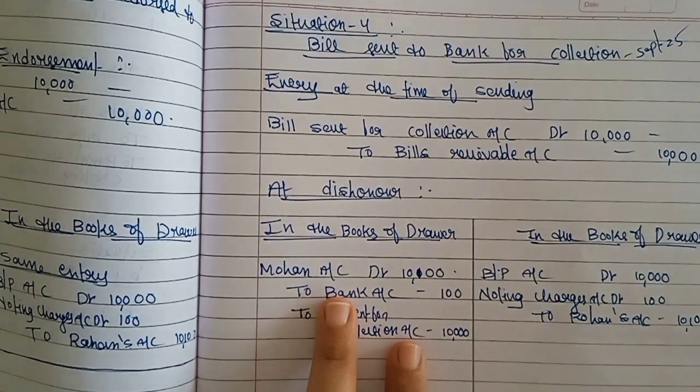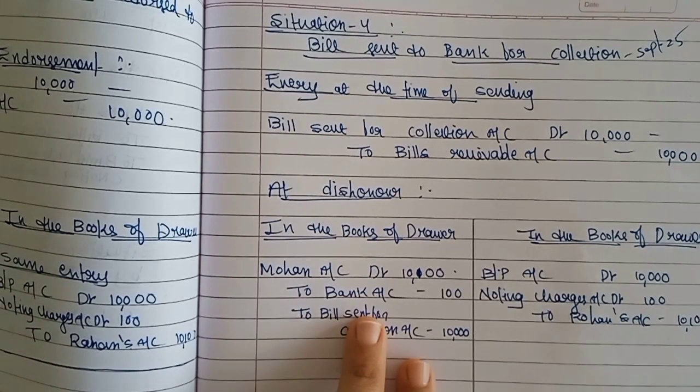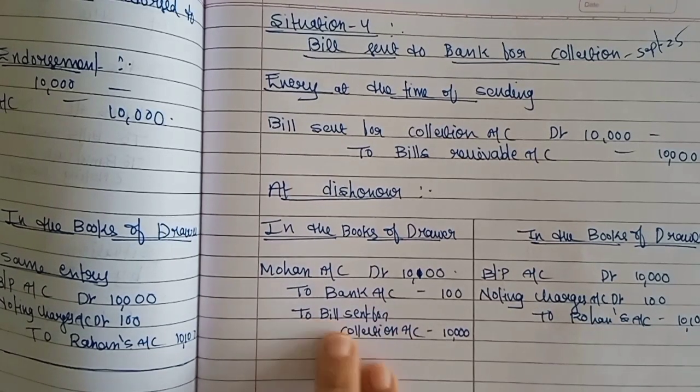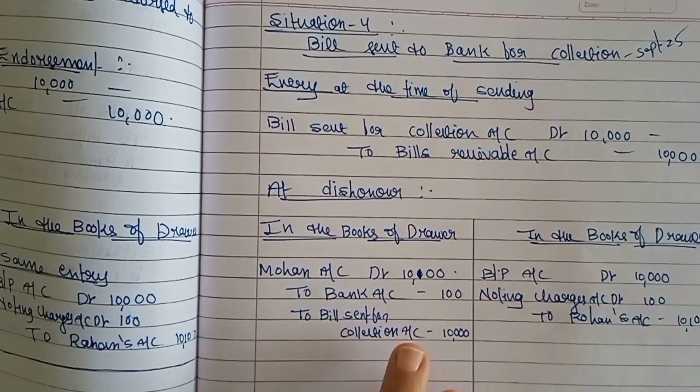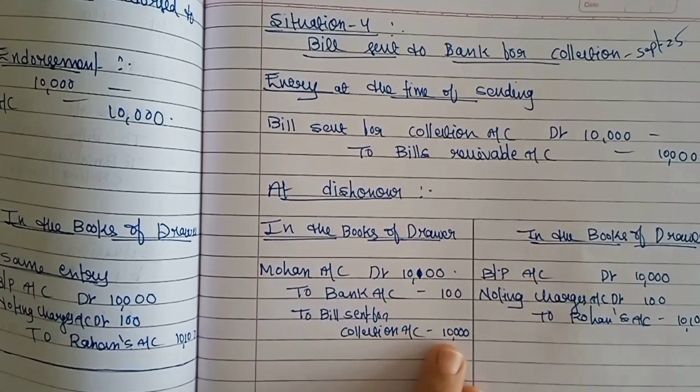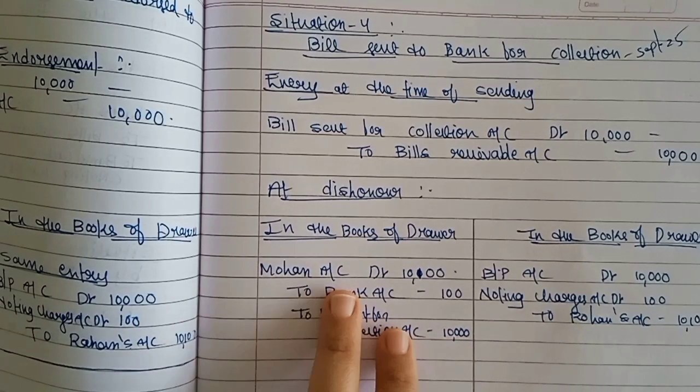So Mohan's account we need to debit, and to bank account, that is the noting charges, credit what goes out, and to bill sent for collection. So the bill sent for collection gets cancelled, credit that is rupees 10,000 at the time of dishonor.